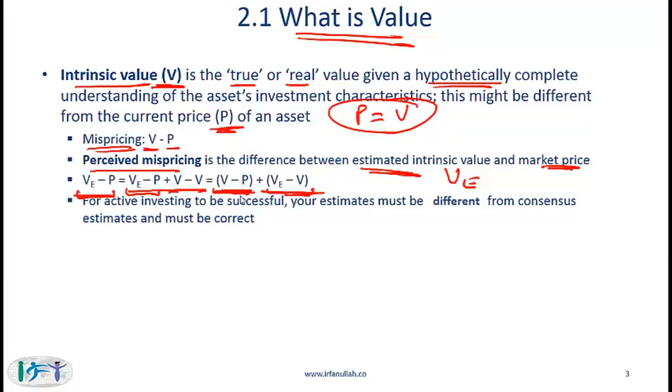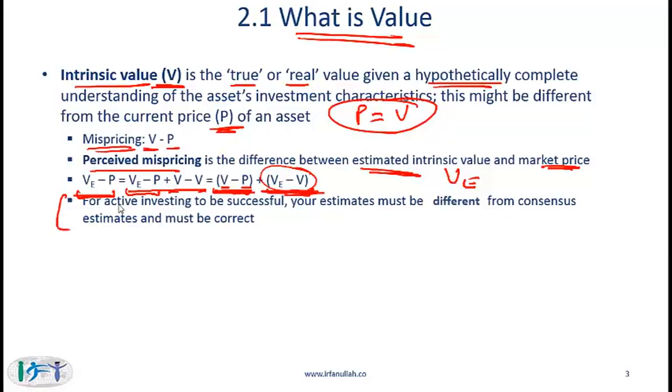There you can make abnormal returns. So there needs to be a difference between V and P. The other is that this term, the difference between your estimated value and the true intrinsic value, should be as low as possible. Ideally, if this is close to zero and the assets are underpriced, which would mean that P is relatively low and the true intrinsic value is relatively high, then you as an active manager will make money.